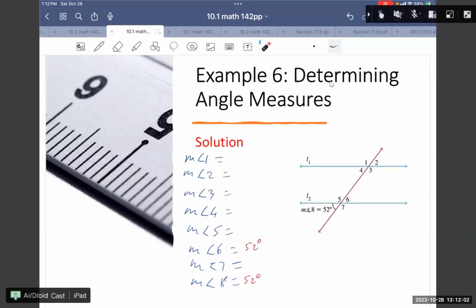And now we know this one and this one add up to 180, right?